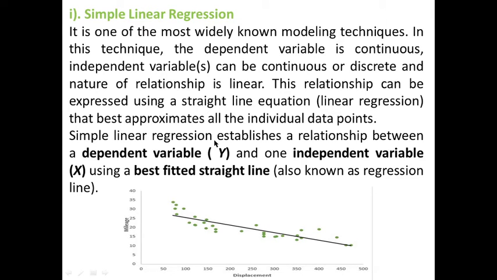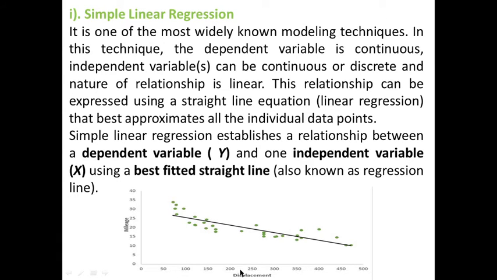Simple linear regression establishes a relationship between a dependent variable on the y-axis and one independent variable on the x-axis using the best fitted straight line, also known as the regression line.